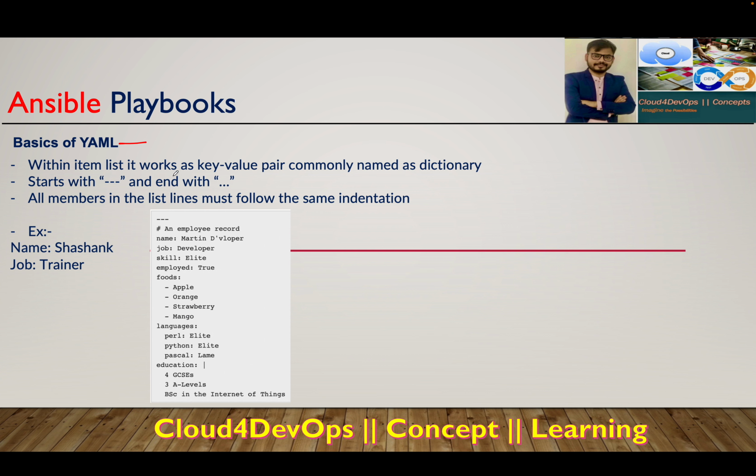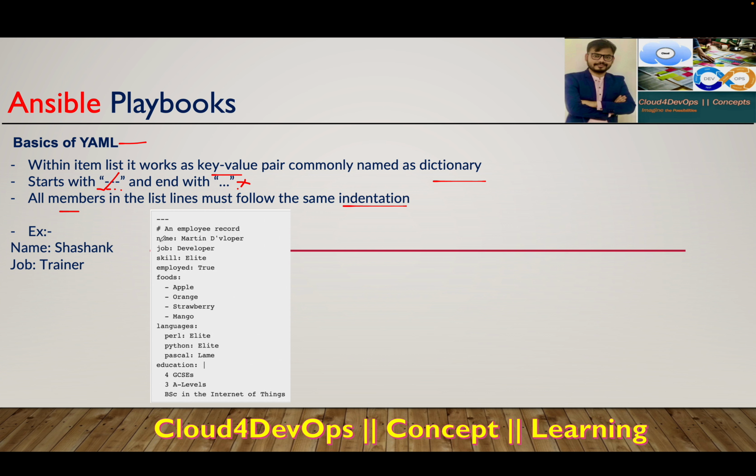Now, YAML works in key value pairs, which is commonly known as a dictionary. It starts with three dashes and ends with three dots. The end part is not mandatory in your file, but the start part is mandatory. Without it, you will get a syntax error. YAML is not as restrictive as other languages, but you have to follow certain standards like indentation. Here, all members in the list must follow the same indentation.